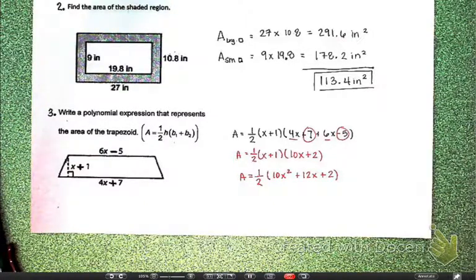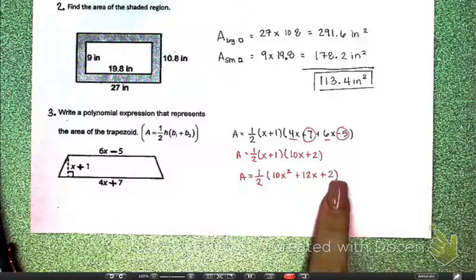Is that what you got? So when you distribute or use the box, did you get 10x squared plus 12x plus 2? Okay. Do you think there's one more step that we probably have to do? Distribute the 1/2 in. But if you look at all those numbers, what do you notice?